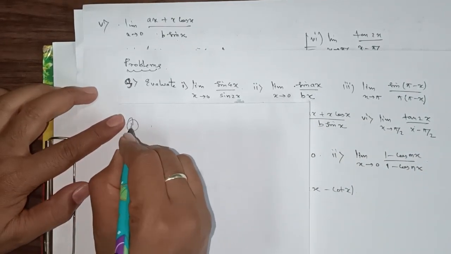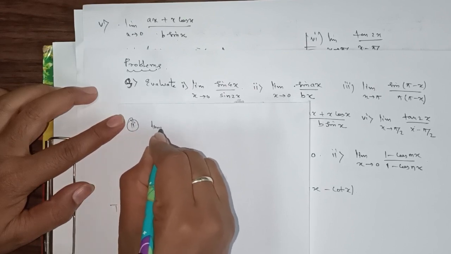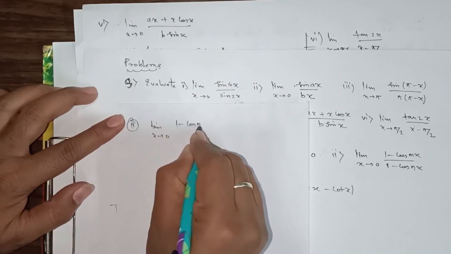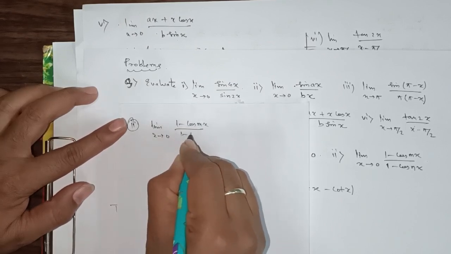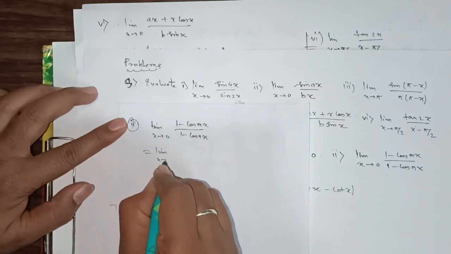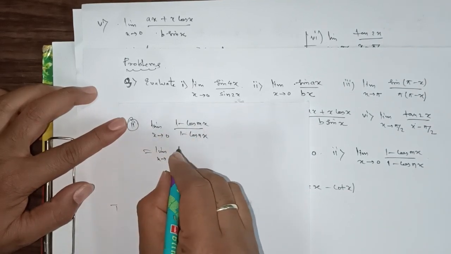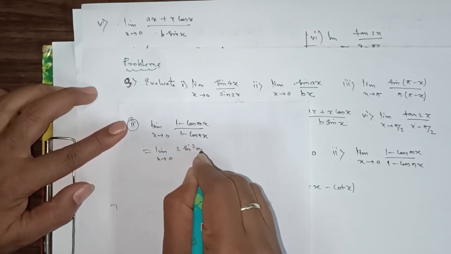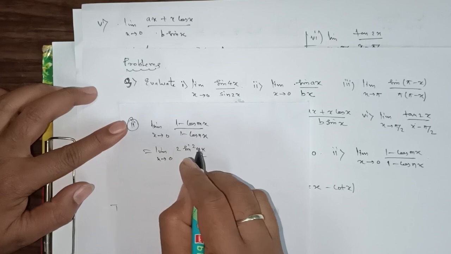So what we have in the second one is limit x tends to 0 of 1 minus cos mx by 1 minus cos nx. This can be written as 2 sine square mx by 2. How could you say this?